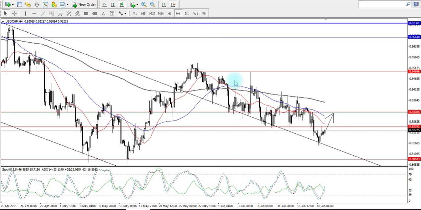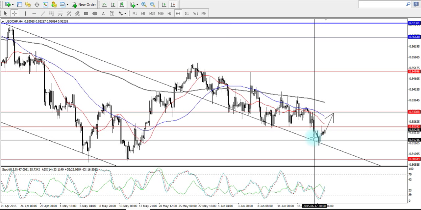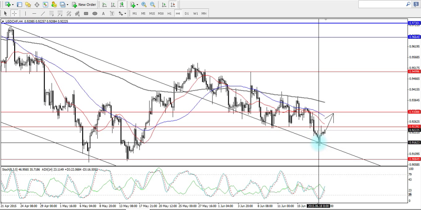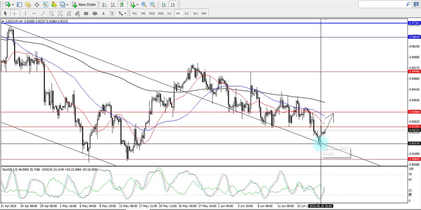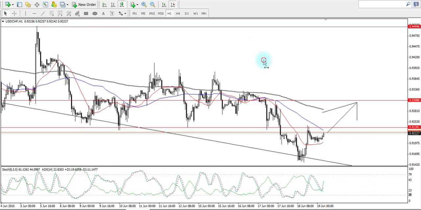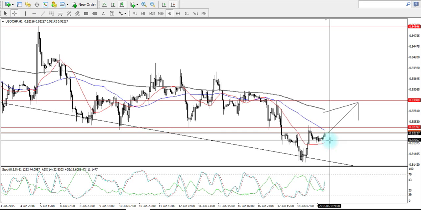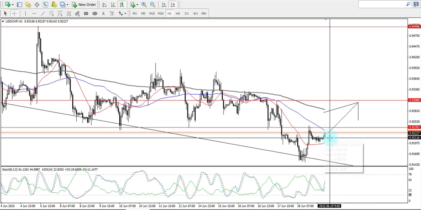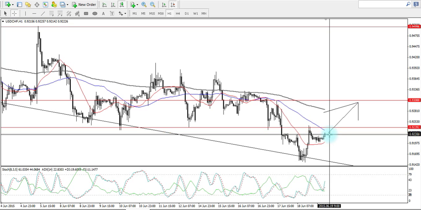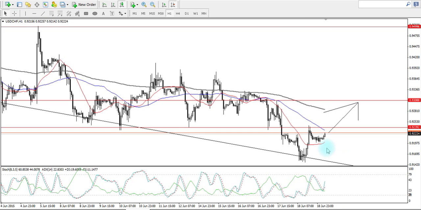Alright, next we have the dollar against the Swiss franc. Price has fallen again, got supported once again at the top of a previously broken falling trend channel, and it starts to rebound off. And again in the 1-hourly chart itself, we have an inverse head and shoulder. So right now price is about to appreciate. I would say that it is still a good time to go for a long.